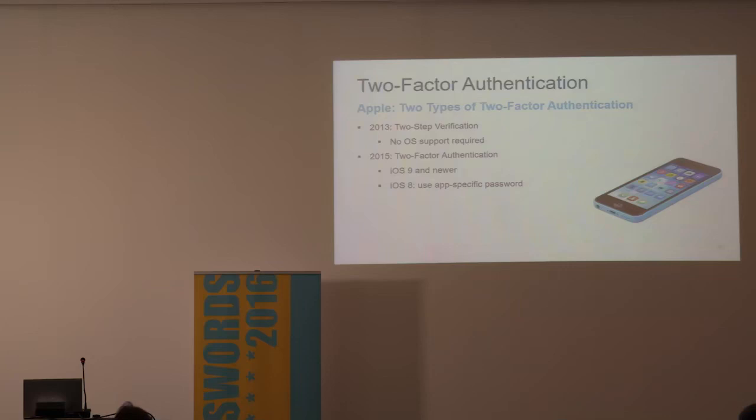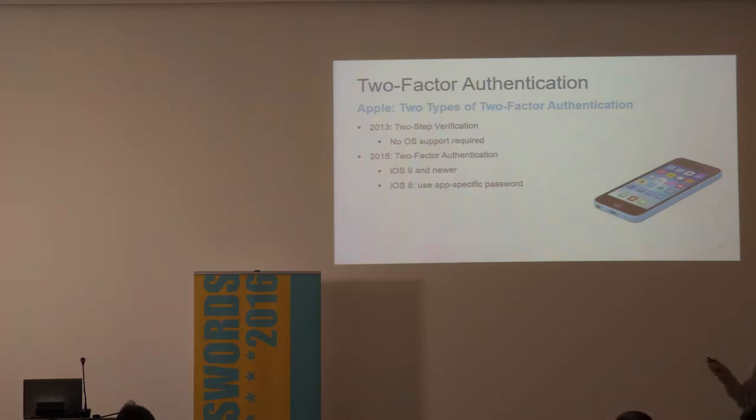Later that year, Apple increased security of two-step verification, and they started working on a different two-factor authentication scheme they named two-factor authentication, which was only released 2 years later in 2015 with iOS 9.